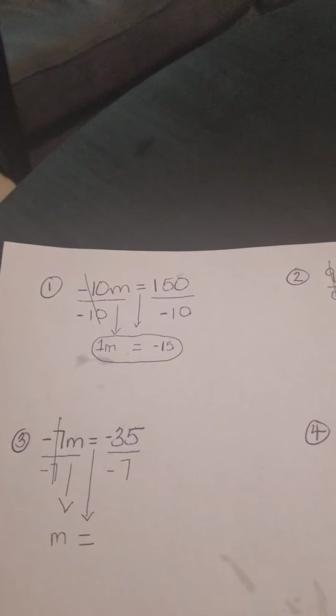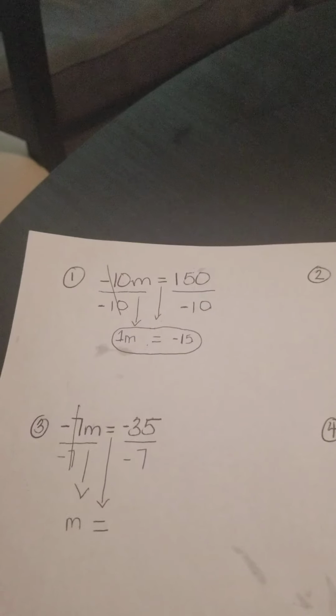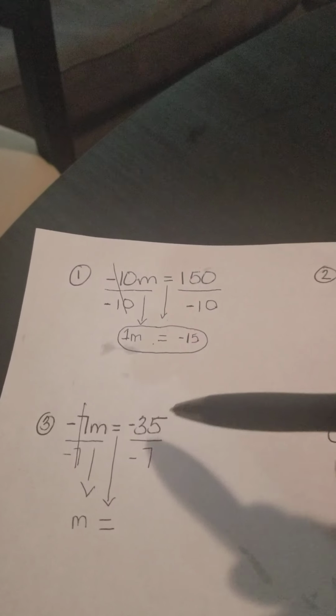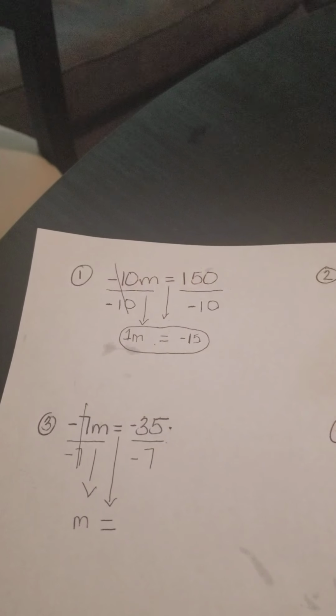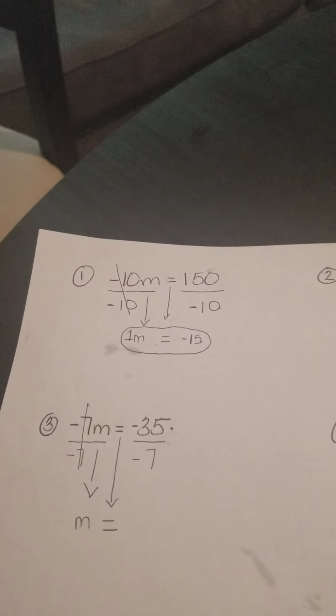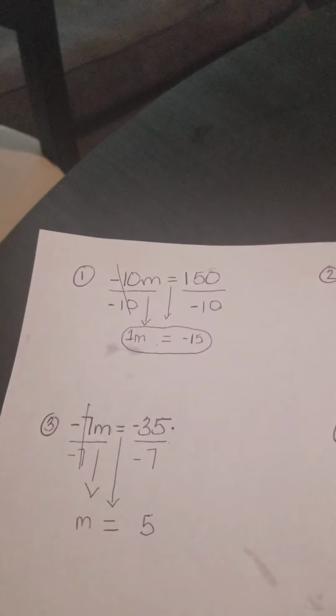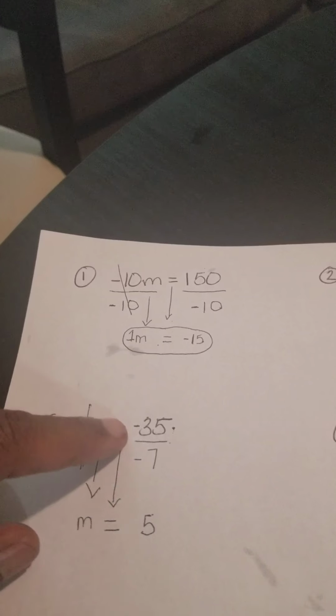I cancel that out. I bring down my m. I bring down my equal sign. And now I have -35 divided by -7. So let's just say 35 divided by 7, which will give us 5. But here's the thing, do we need to keep that negative sign here?